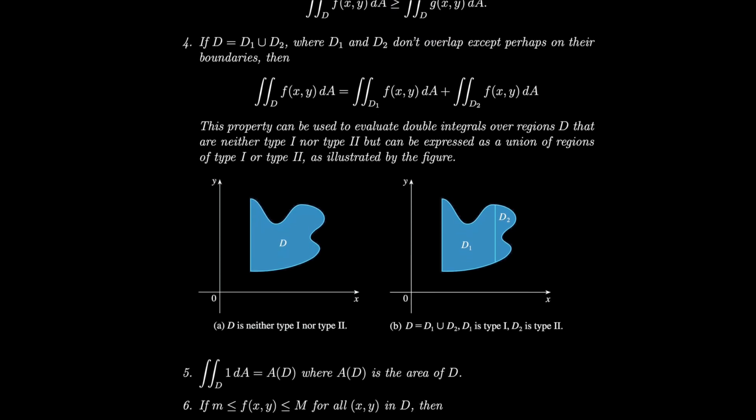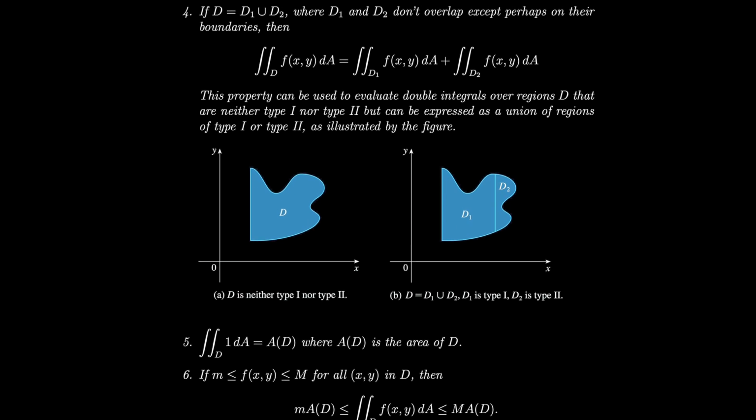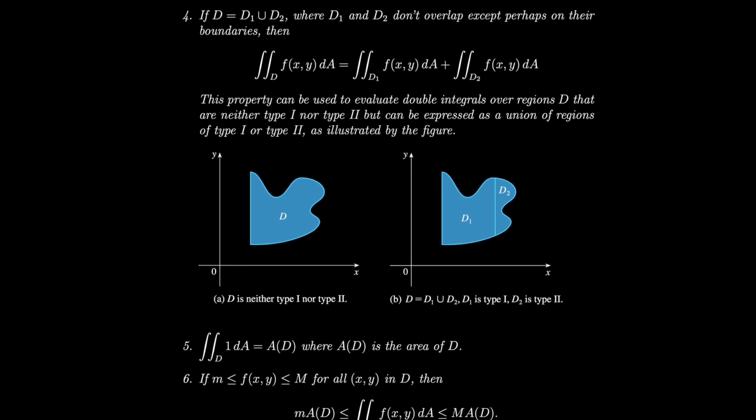Next up, we briefly discussed this possibility when we were looking at a type 1 region that had to be split. If you have a complicated region that doesn't immediately look like it's type 1 or type 2, then you can just cut it up. You cut it into as many pieces as you want until you have pieces which are consistently functions of x or functions of y.